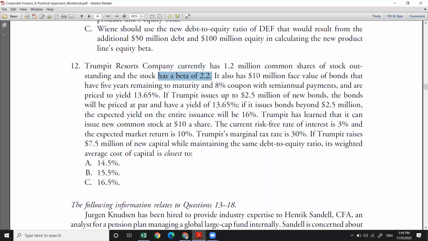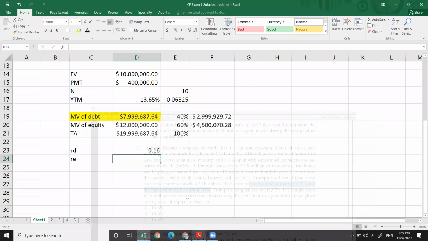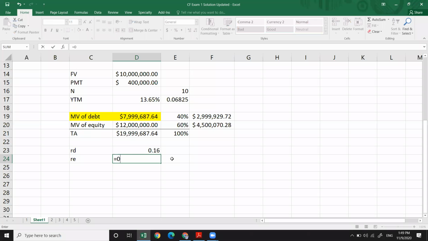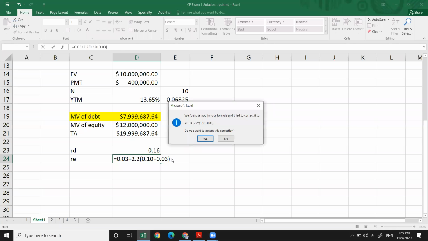Beta is 2.2, and the risk-free rate was 3%, something I remember here. The expected market return is 10%. So it means 0.03 plus 2.2 times (0.10 minus 0.03).